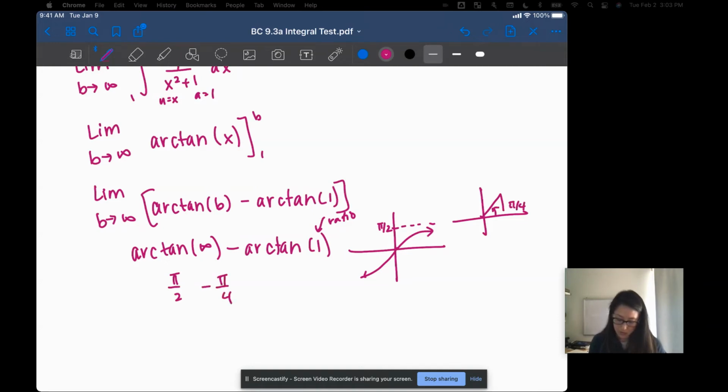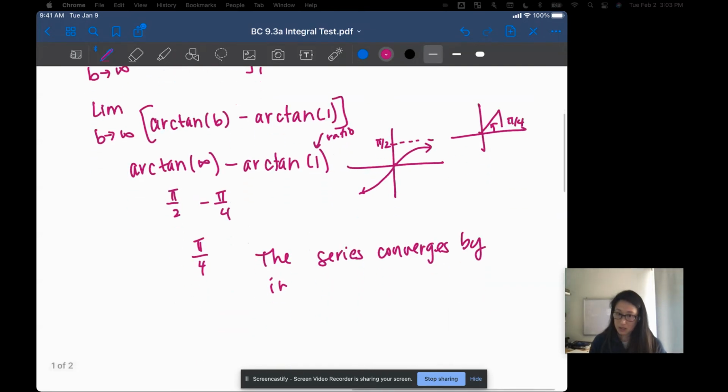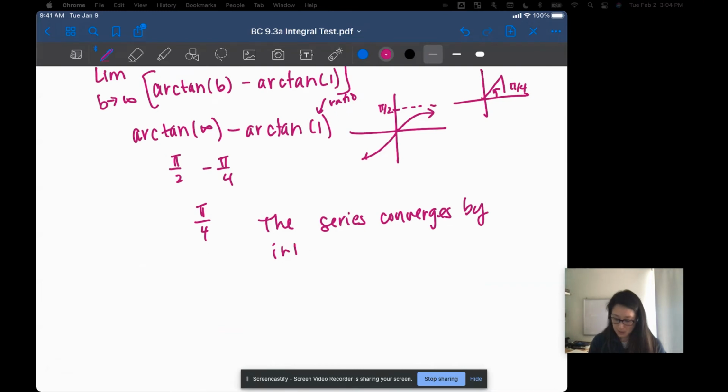So I end up with 1/2 pi minus 1/4 pi, which is 1/4 pi. So the series converges by the integral test because the integral from 1 to infinity of 1 over x squared plus 1 dx converges.